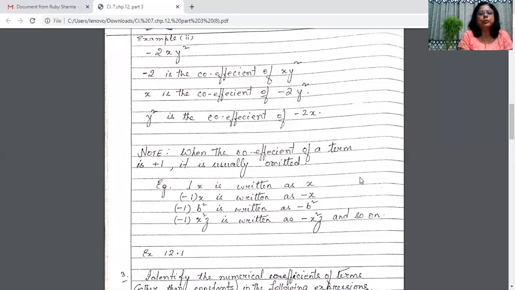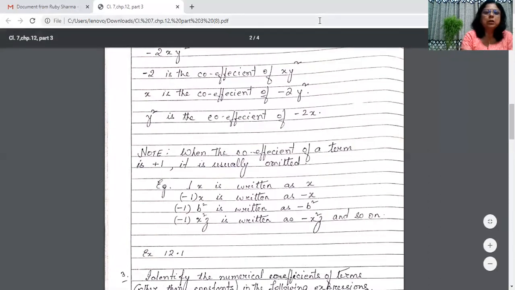X will be the coefficient of minus 2y square. So here x is a variable, but yet it is the coefficient of the product of the remaining terms, that is minus 2y square. Similarly, y square will be what? The coefficient of minus 2x. These are the remaining terms, isn't it? The product of the remaining terms. So I hope that's clear with you, the coefficient.